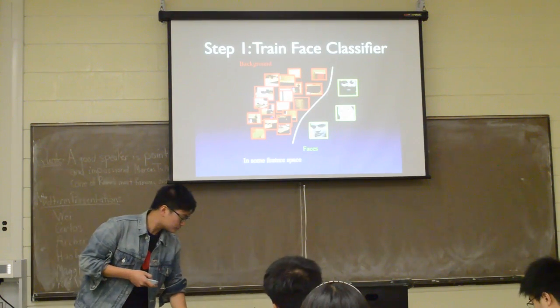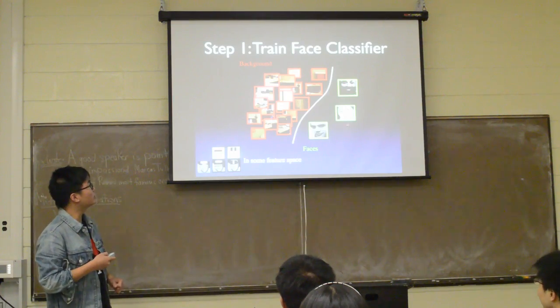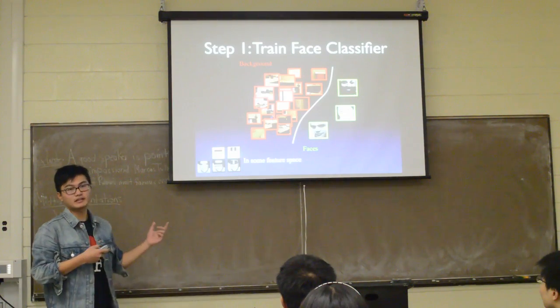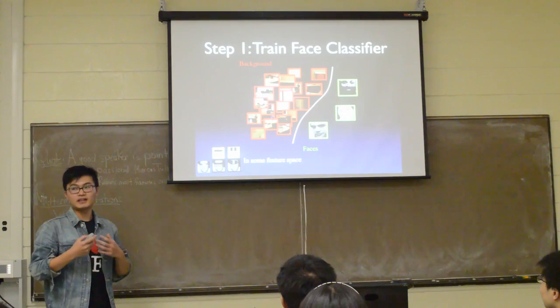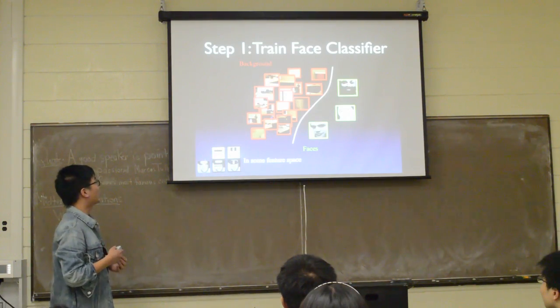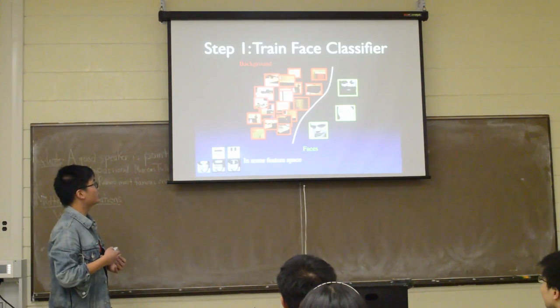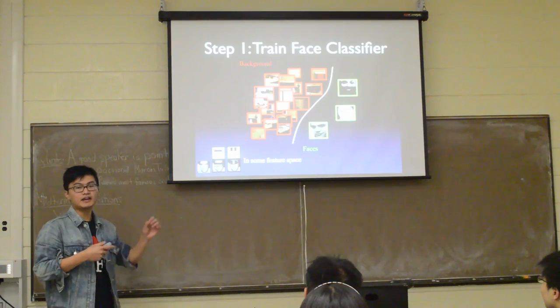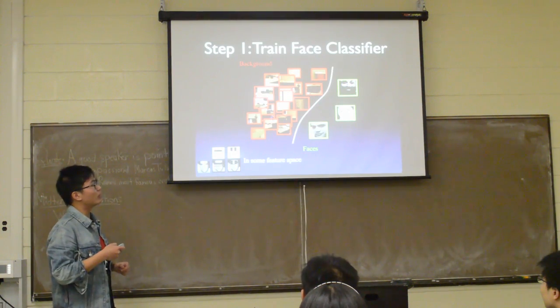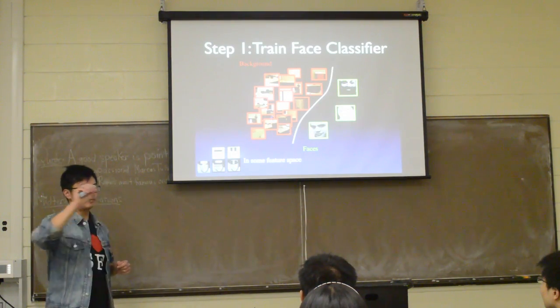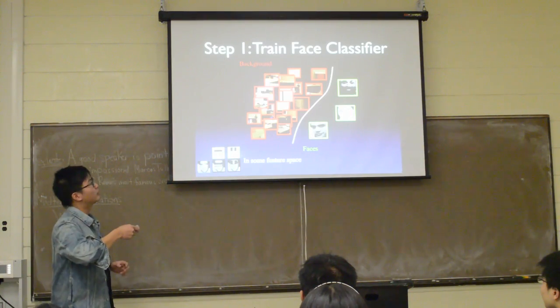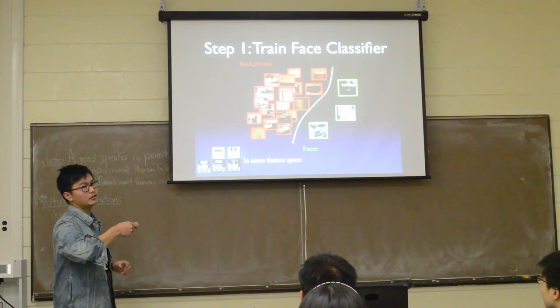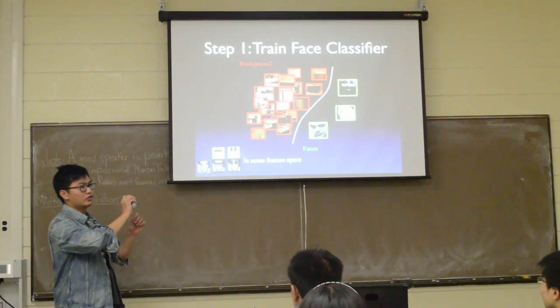And in order to do that, you first have to represent the image as some data, as some feature point. A naive way is to just use the whole image, the pixel values of the image. For example, if here is a 30 by 30 image, you can just use all the pixel values.